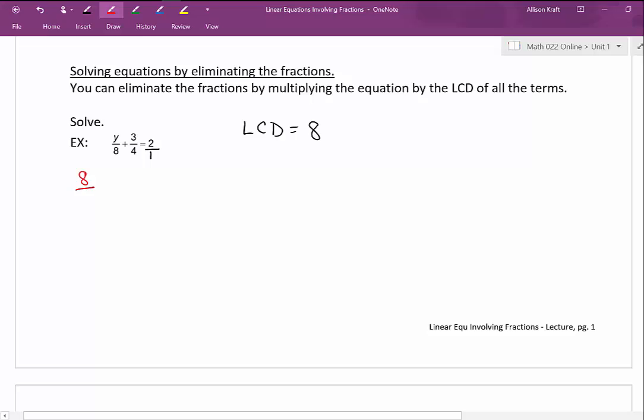We'll have 8 over 1 times y over 8, plus 8 over 1 times 3/4, equals 8 over 1 times 2 over 1.